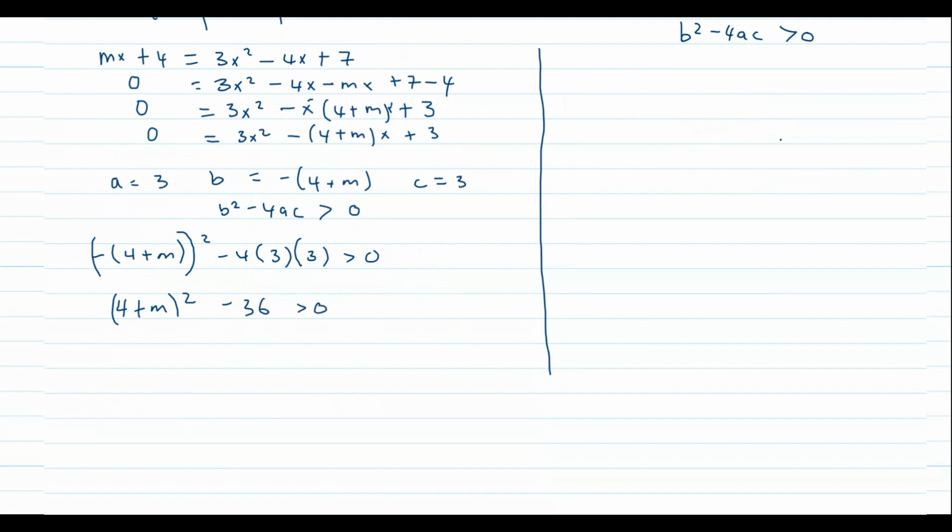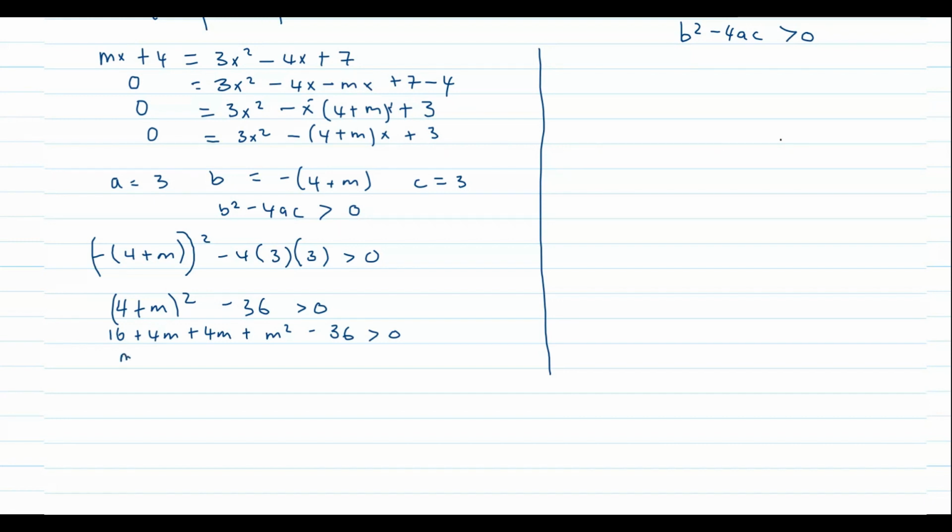Alright, let's expand this bracket. We're going to get 16 plus 4m plus 4m plus m squared, then we bring back the minus 36, greater than 0. Now let's group these terms, starting with the highest power of m.